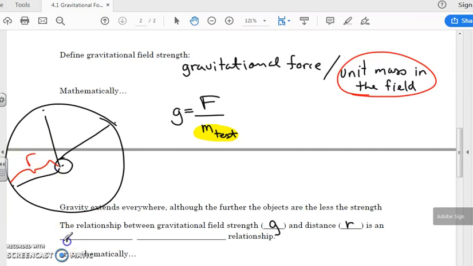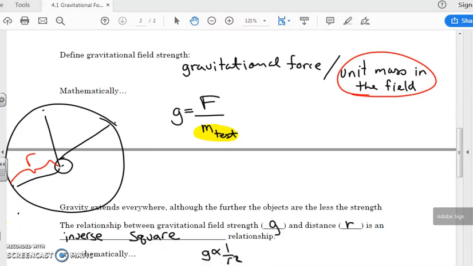This is actually an inverse square relationship, meaning that the further you get out, if you double the distance, it's not just half as strong, it's actually going to be less than half as strong. So we write g is proportional to 1 over r squared. So if I double the distance, I have 1/4 of that gravitational field strength.